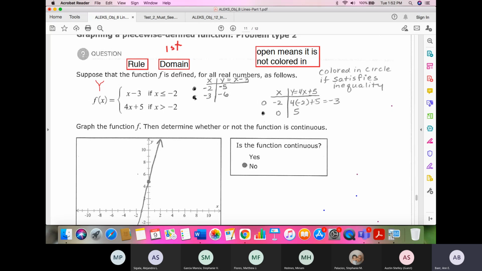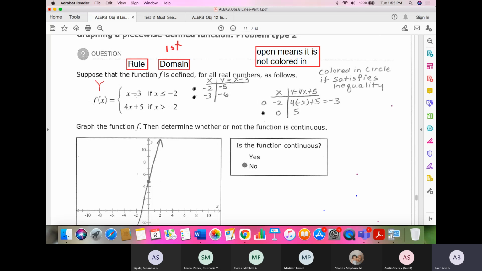So then we need to fill out the rest of the t-table. So how do we do it? We put -2 to get the y-coordinate. The y-coordinate is right here. The y equals x minus 3. For this top t-table, we can find the y by using the top rule. We've got it set up that way.